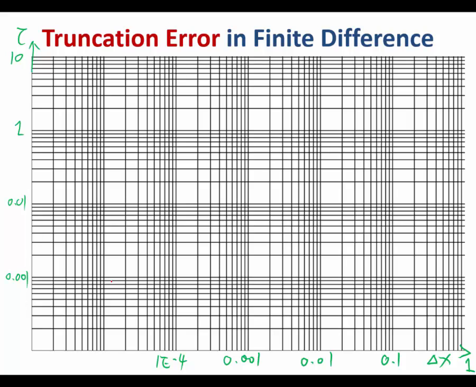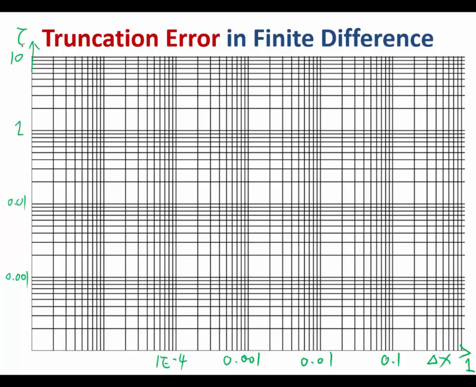Okay, so usually, for example, if you know the true solution or the true derivative of a function, and you compute it numerically, also use a finite difference for the approximation, and you look at the truncation error. And how do you know your implementation, your MATLAB code is correct? You plot the truncation error like this.